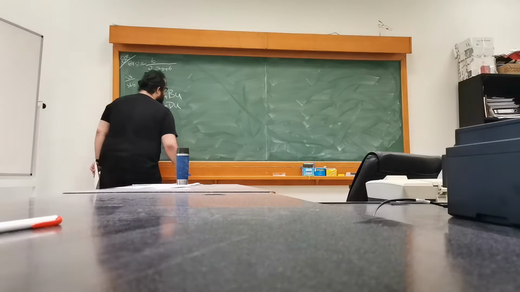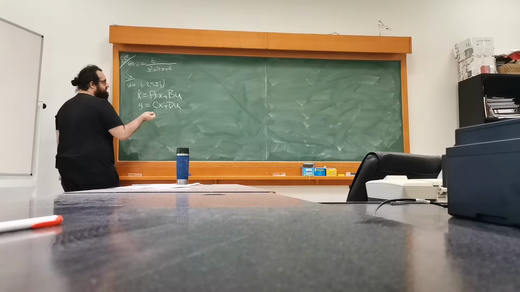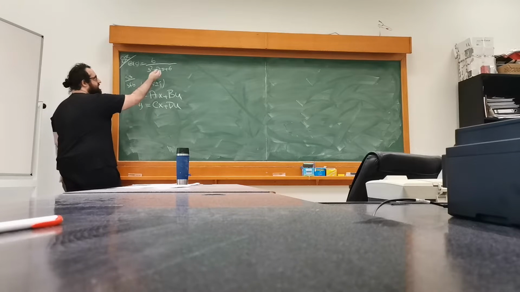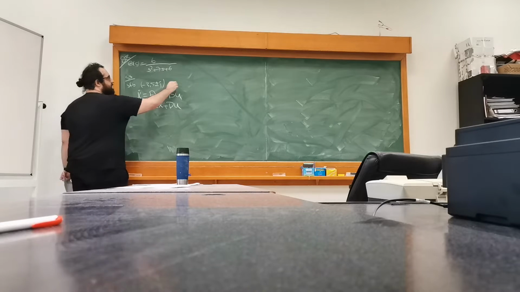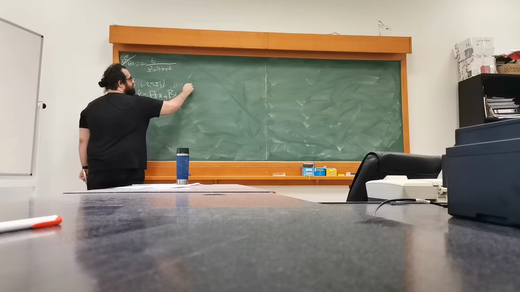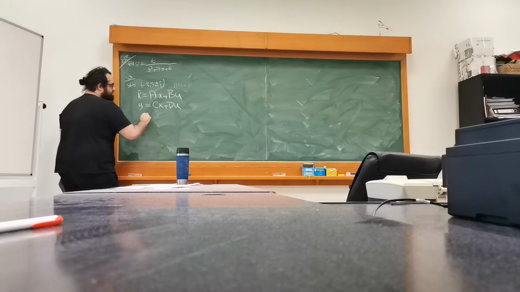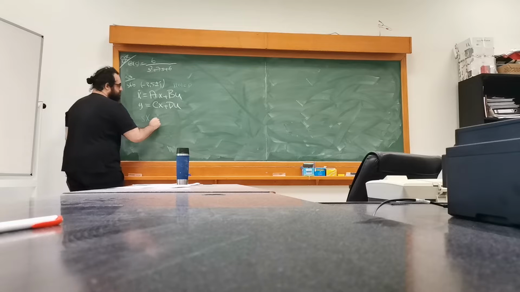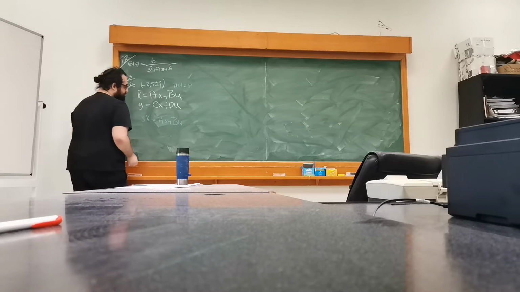Since I have x dot equals Ax plus Bu, if I use the Laplace transform, and since I have a transfer function, my initial conditions are 0, so x0 is basically 0. If I use the Laplace transform here, I'll see that s times x equals Ax plus Bu.